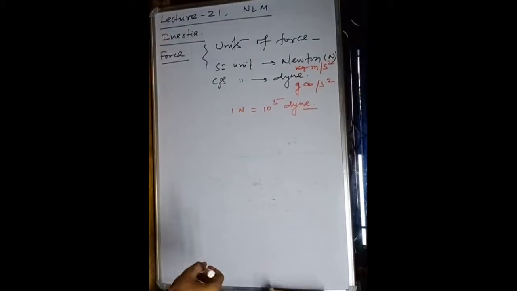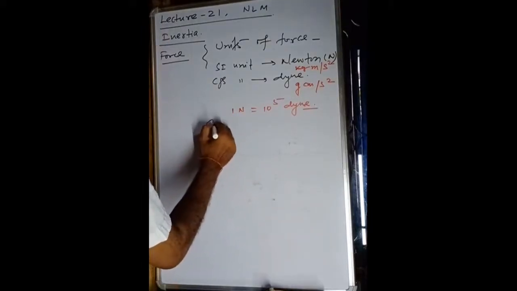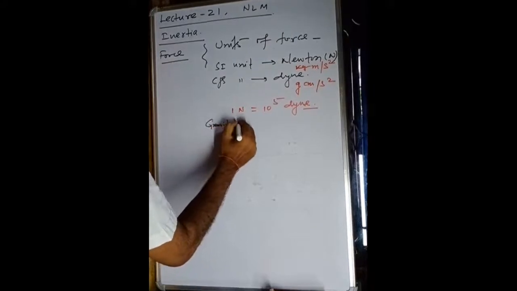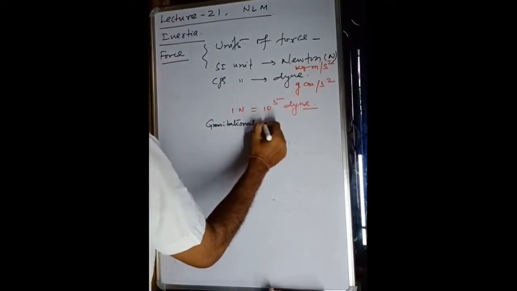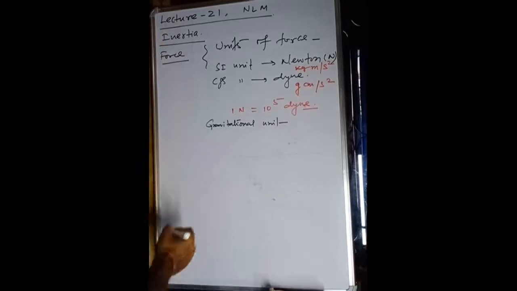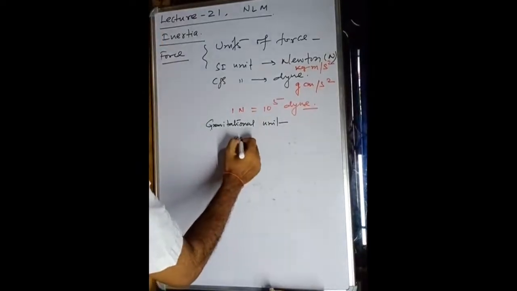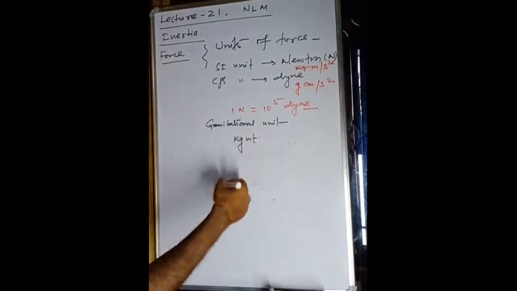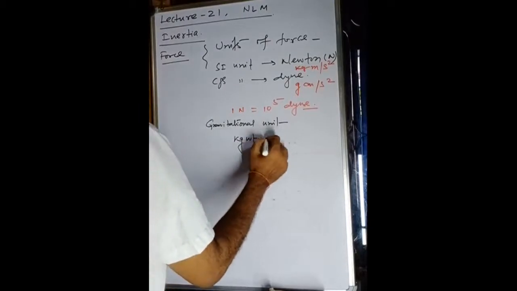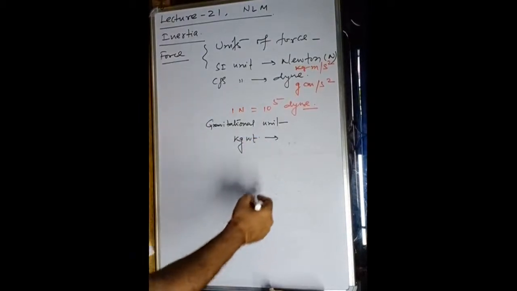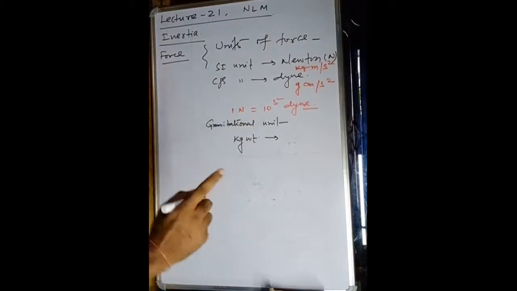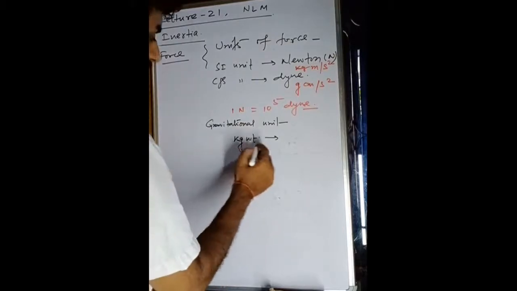Okay, and the third one is the gravitational unit, and it is kg weight or gram weight. This kg weight is equivalent to the weight of 1 kg of mass. That's why we say kg weight.